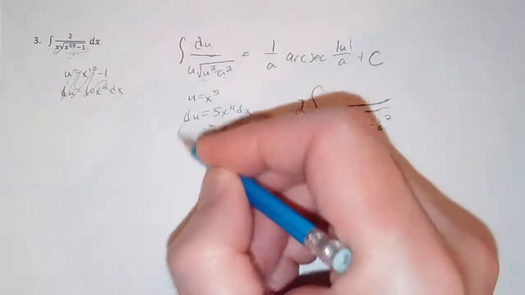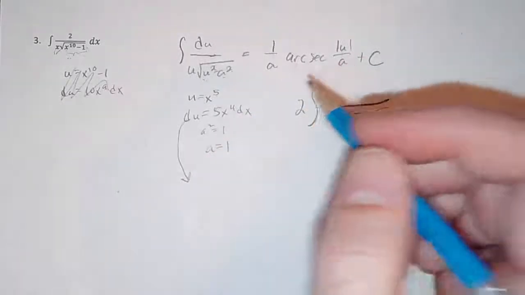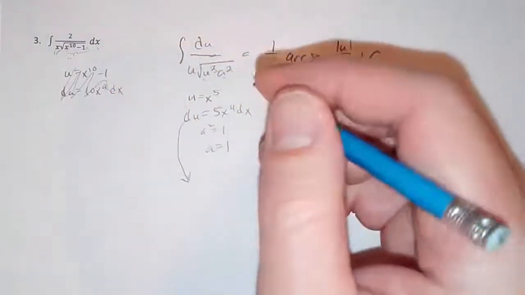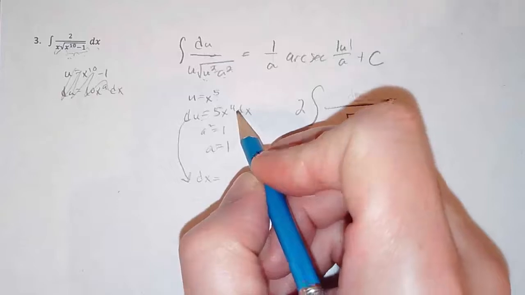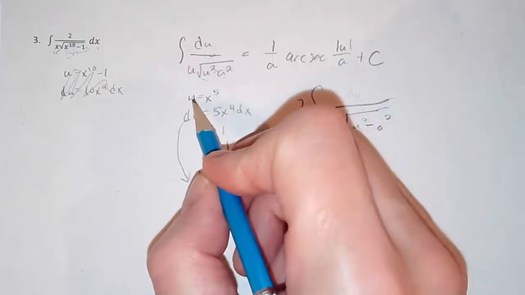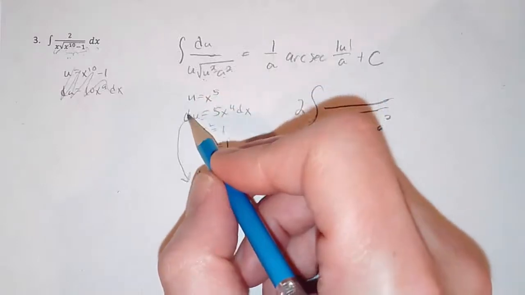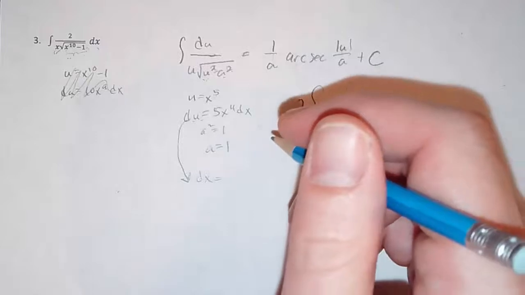So what I'm going to do, I'm going to go back to what du is. I need to get rid of this dx in the original denominator. So I'm going to solve this equation. I know in the past we've done stuff where we've gone to the u equation and solved it for x. In this situation, I'm going to go to the du equation and solve it for dx.